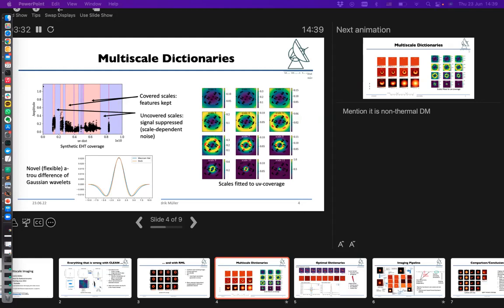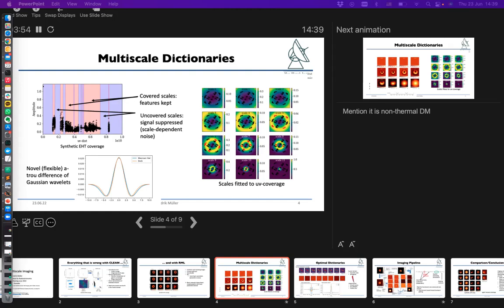You can just fit the widths of these Gaussian filters so that they fit into the UV coverage. So you have different scales that are most sensitive to different parts of your UV coverage, and you even have scales that are most sensitive to gaps in your UV coverage.